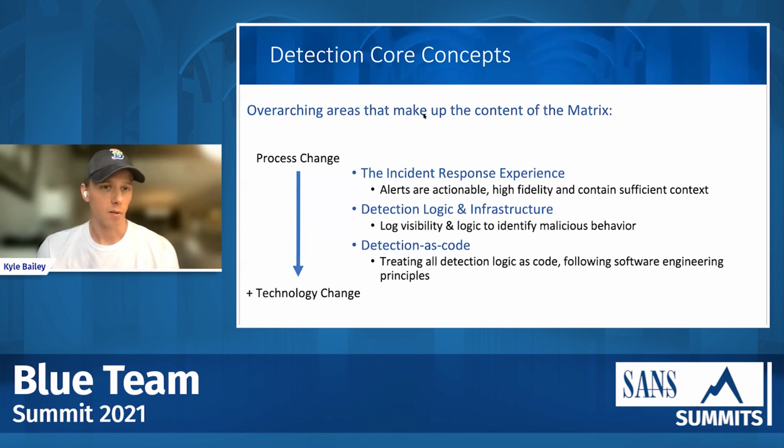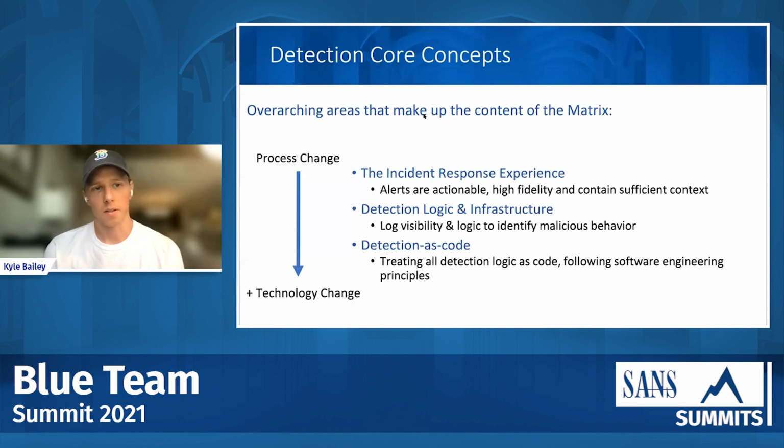But just kind of at a high level. I did try to order the core concepts and the actual components of the core concepts themselves, hopefully in order of ease of implementation.